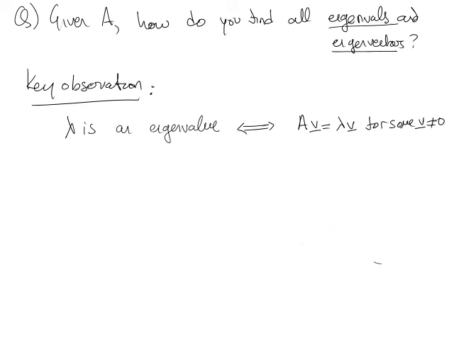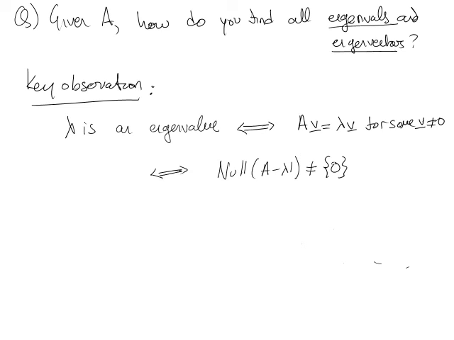Well, by what I wrote on the previous slide, that's the same thing as saying that the null space of A minus lambda I is not the trivial subspace, okay? So let's think about this for a moment. I didn't say it is not the empty set. I said it is not the 0 subspace.